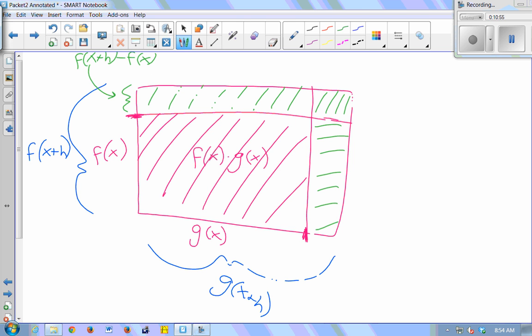Does that make sense? The long distance minus the shorter distance is that little green piece that's left over. All right, this little green piece, what's the length of that? Yep, g of x plus h minus g of x.